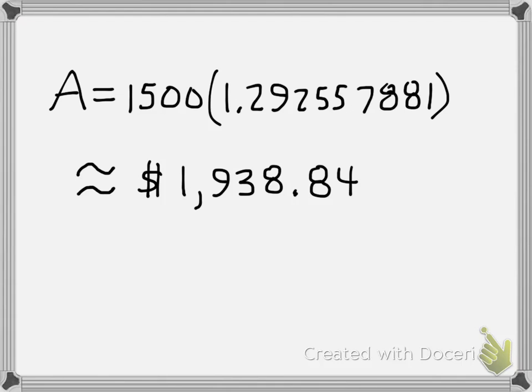The answer will tell us what the balance will be approximately in 6 years of our savings account. If we started out with $1,500 principal and we left it in a savings account for 6 years, if that interest is compounded quarterly, we should have approximately $1,938.84 in our savings account after 6 years.